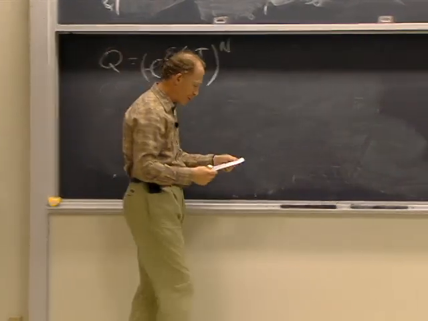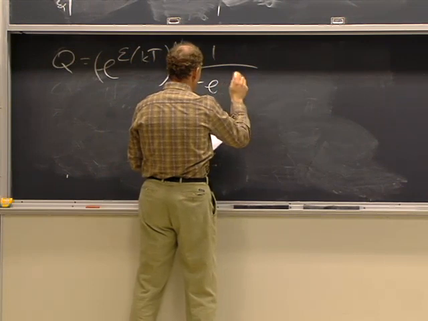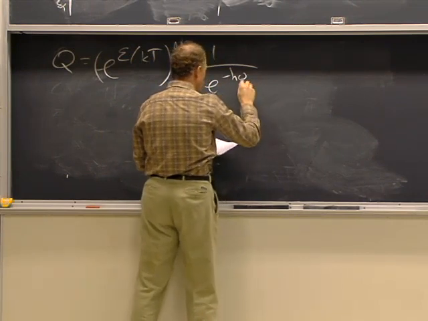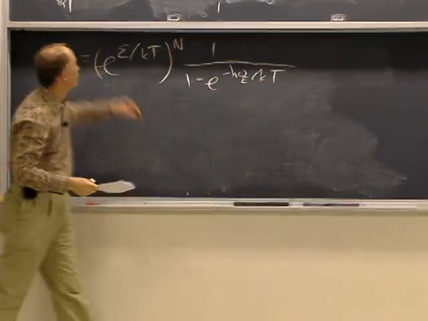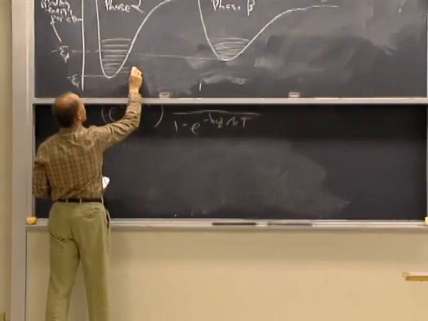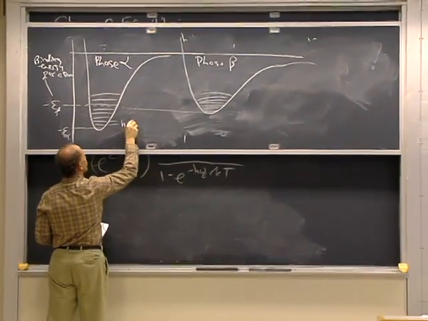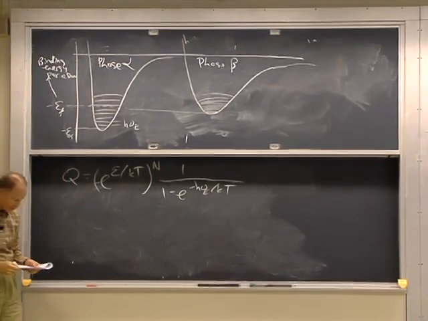And then there's the vibrational part, and that's 1 over 1 minus e to the minus h nu e over kT. For the lattice, I'm assuming it's just one frequency. So this energy is h nu e. And of course, it's different for the alpha and beta phases.